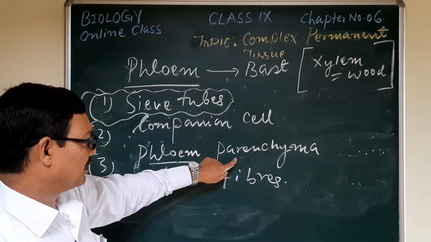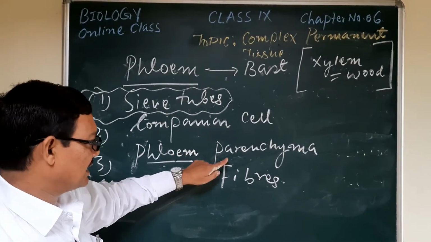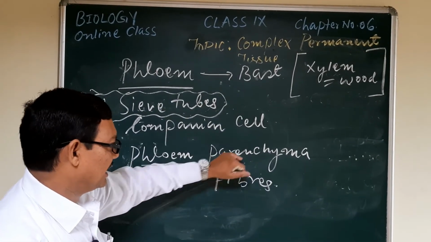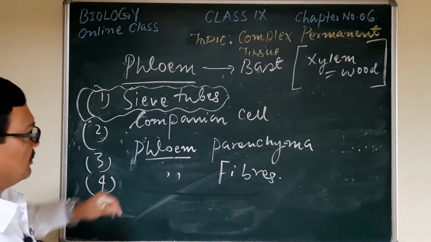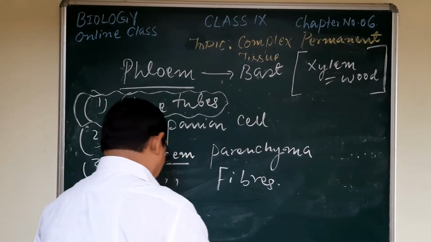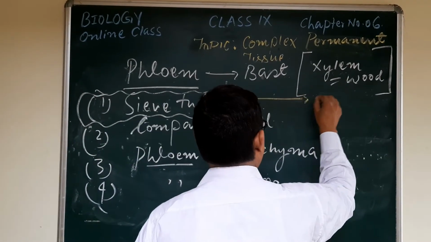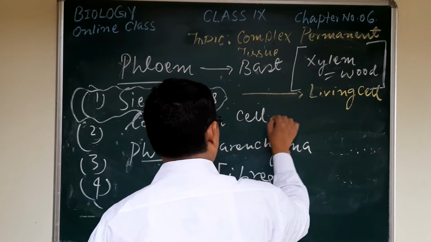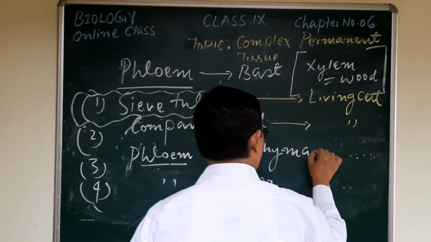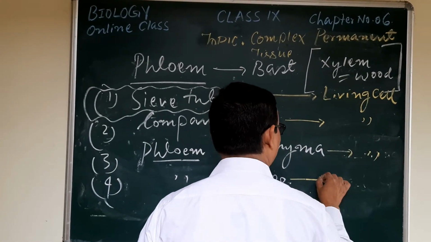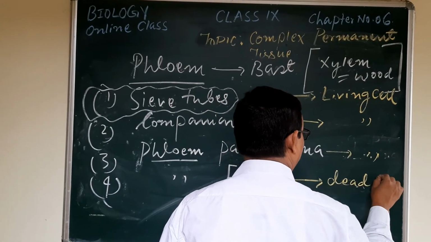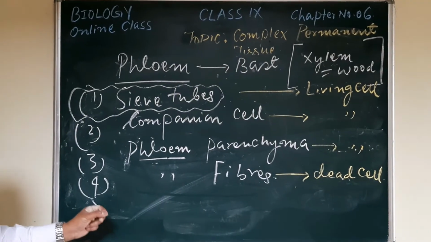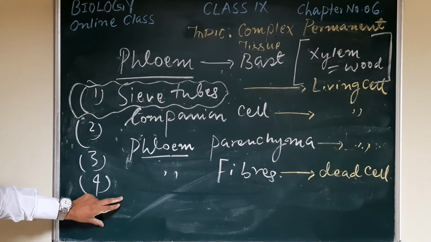The phloem parenchyma performs the same function as in the xylem, that means the lateral conduction, and also storage, and the fibers are supportive. Now you know that sieve tube, companion cell and parenchyma are living elements, and the fibers are dead cells.